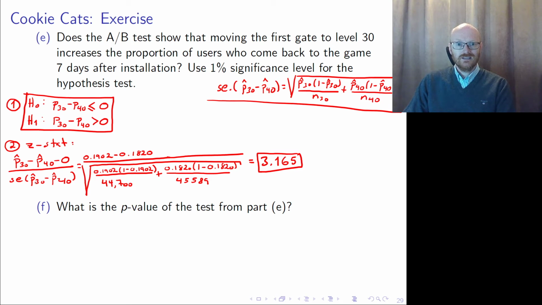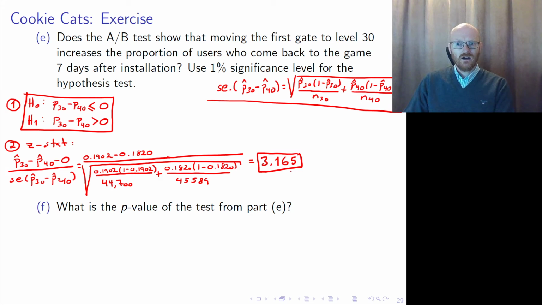What does this mean? This means that this difference in player retention rate is 3.165 standard deviations away from 0. And already we know that this is significant.